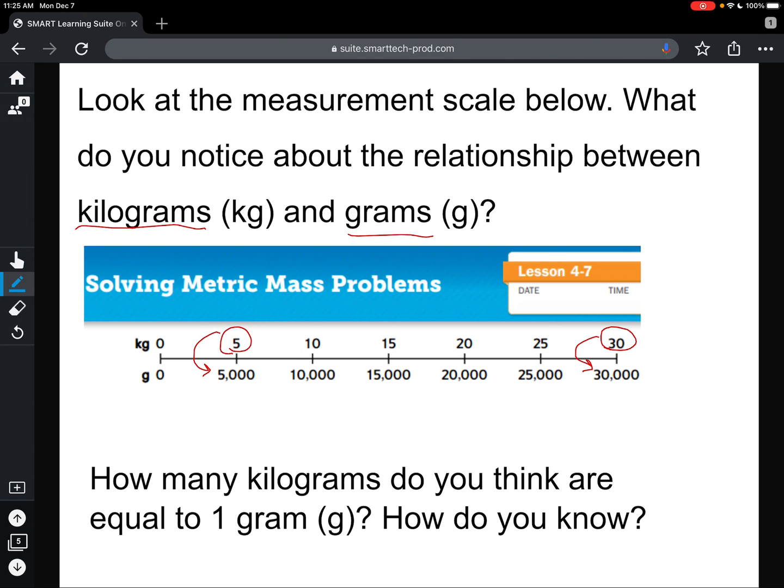For this bottom part, I meant to actually say how many grams are in 1 kilogram. So how many grams are in 1 kilogram? How do you know? If there's 5,000 grams in 5 kilograms, how many grams do you think there are in 1 kilogram?